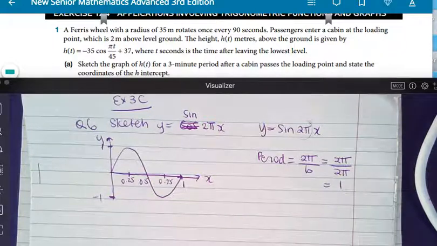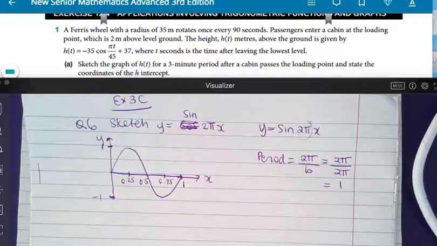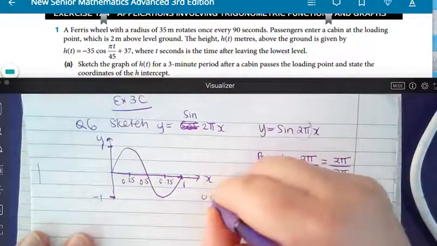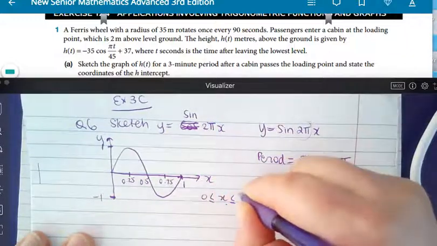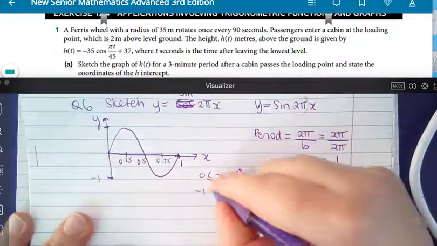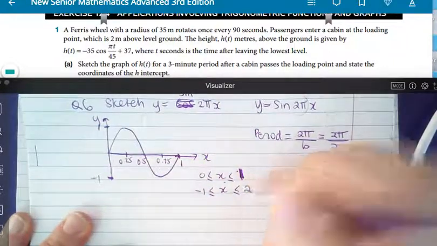So can you just look at that question? What did they ask you to sketch it between? From 0 to? Sketch for negative y is greater than x. All right. So I've just sketched that from 0 to 1. However, in the question, you're asked to sketch it from -1 through to 2.